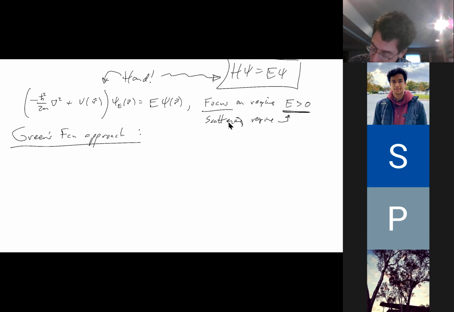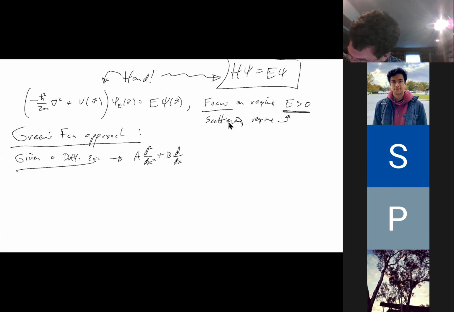So this is the idea of the Green's function. Let's say you're given a differential equation. And here we have a differential equation, the Schrodinger equation. Suppose it's a times the second derivative d squared dx squared plus b times the first derivative d dx plus c, acting on some function, is equal to some other function.